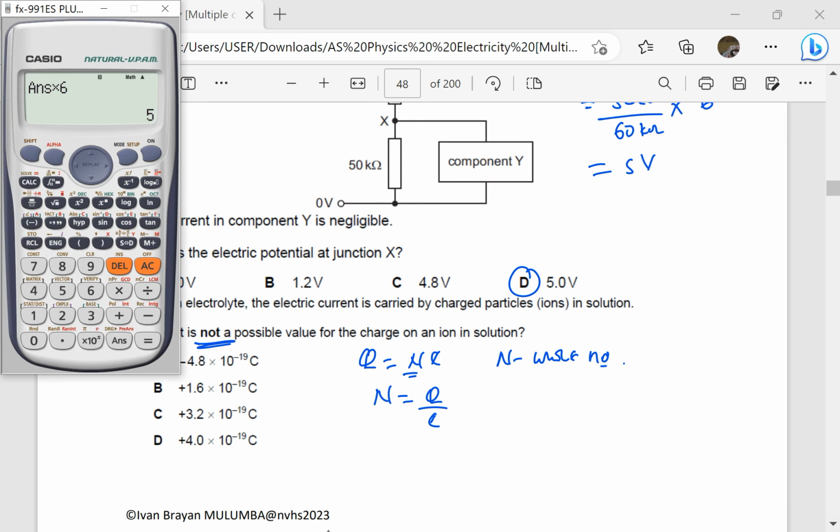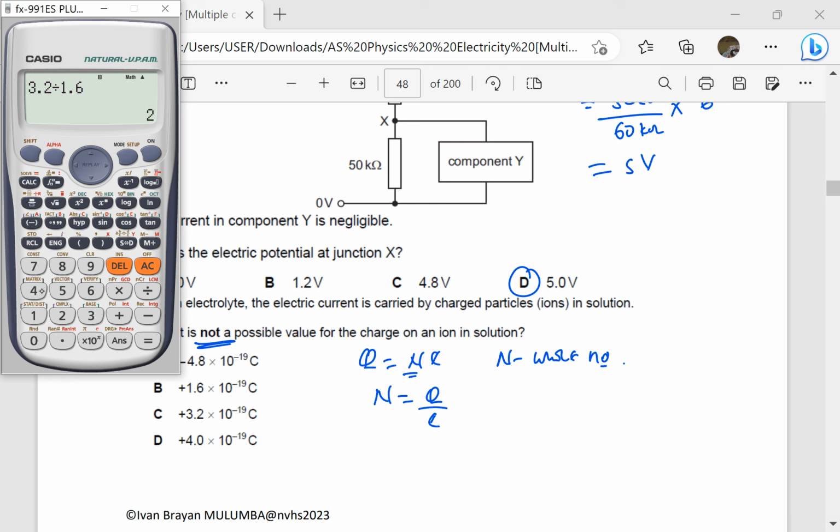So I'll check 4.8. They said which one is not possible. So we have 4.8 times 10 power negative 19 divided by 1.6 times 10 power negative 19. That's a whole number, so that is possible. Let's check the second one. The second one is 1.6, that is already possible. The third one is 3.2 divided by 1.6. It is a whole number, that is possible.